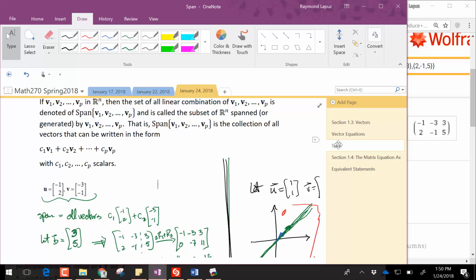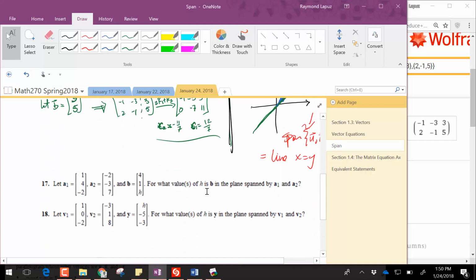Every time you get two lines that are not parallel, we can safely say now this spans all of R2. Okay?